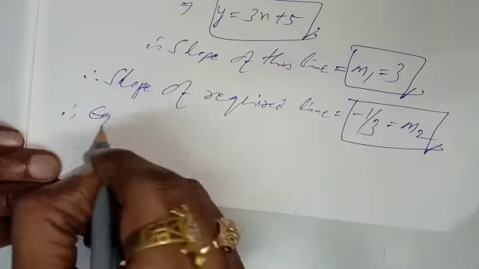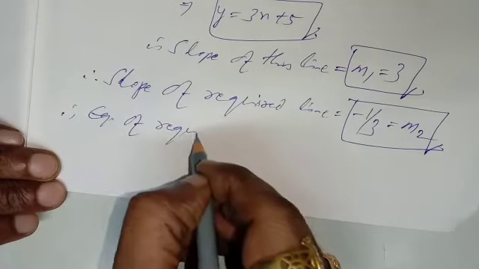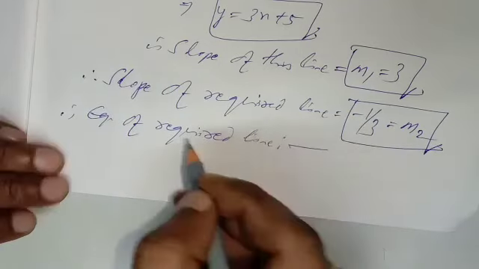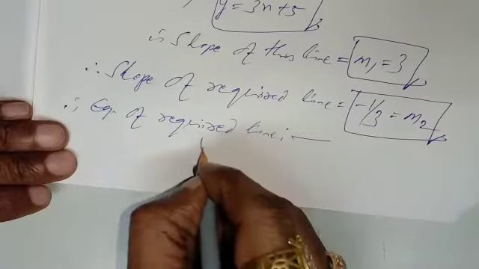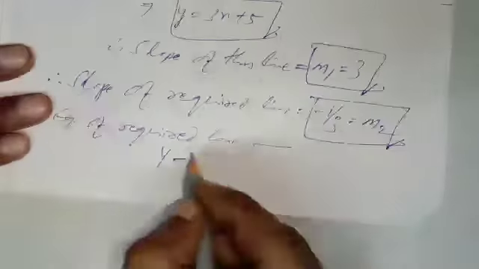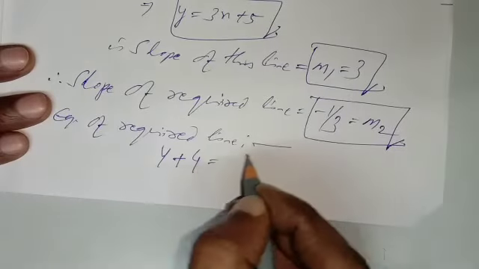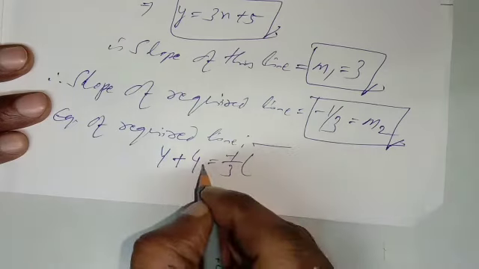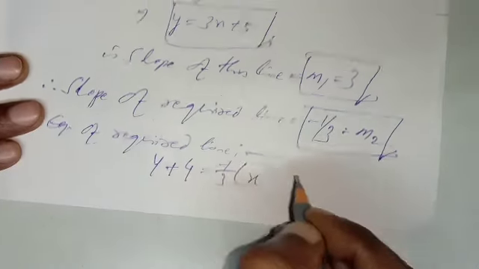Therefore equation of the required line by using slope point form: y minus y1, y1 is minus 4, that means plus 4, and slope is how much? Minus 1 by 3, m. y minus y1 is equal to m times x minus x1. x1 is how much?